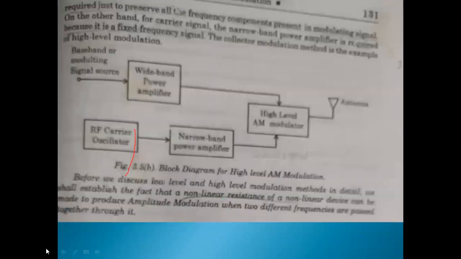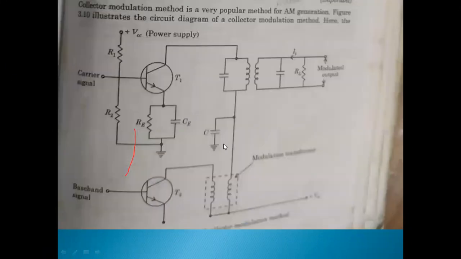The other one is the high level modulation process, which is simply the collector modulated method. There are two transistors used, T1 and T2. T1 is the carrier signal generator. The bias and supply are given here, and R1 and R2 are the fixed resistances for biasing purposes.